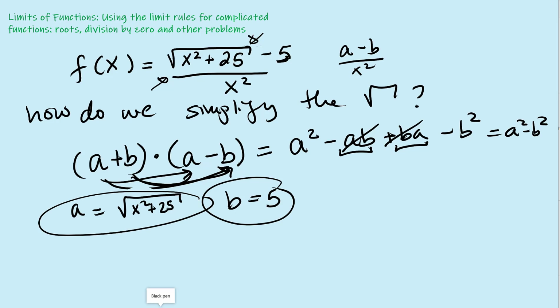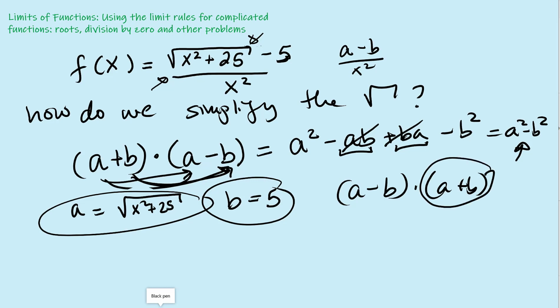So we would like to multiply our a minus b by a plus b, because then we know we're going to have that a squared. But we can't just multiply the numerator of this fraction by a plus b. We have to make sure that we're doing the same operation on the denominator, right?